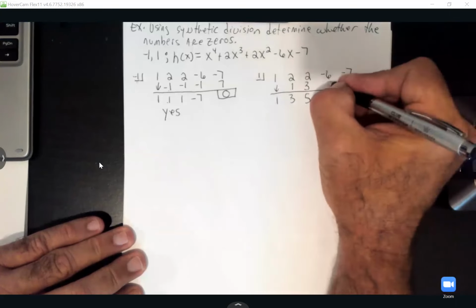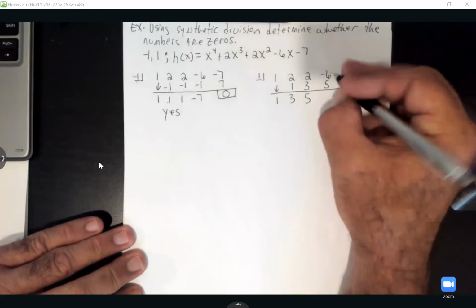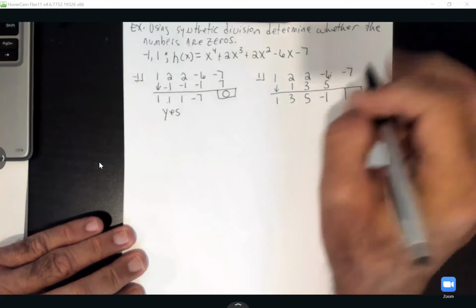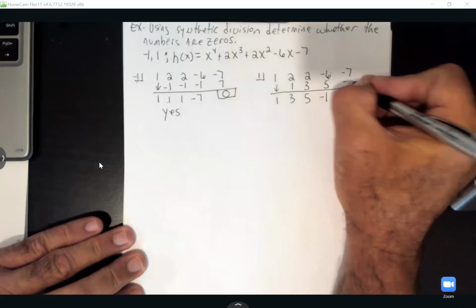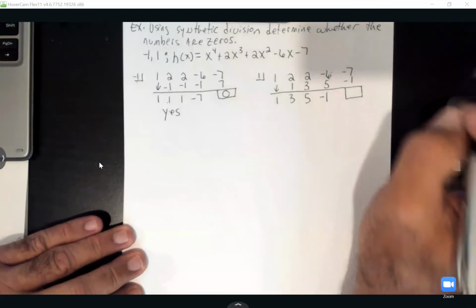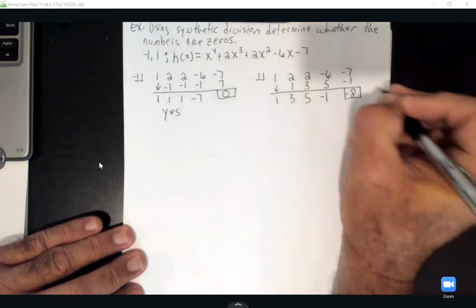5 times 1 is 5. All righty, y'all, -6 and 5 give me -1. And finally, that -1 times 1 is a -1. And y'all look at that, this gives me a remainder of -8.